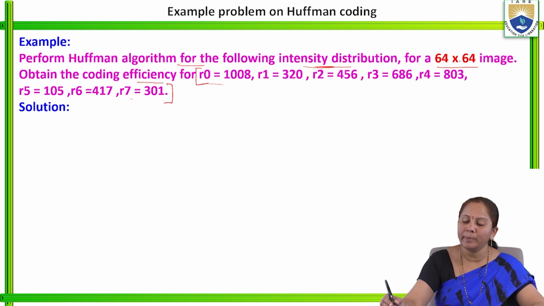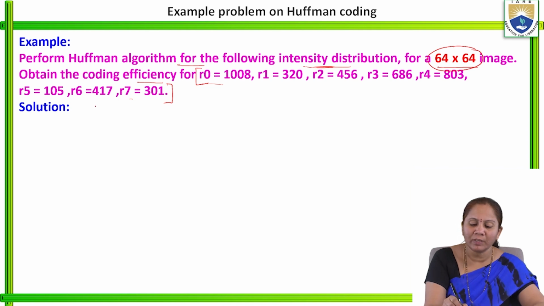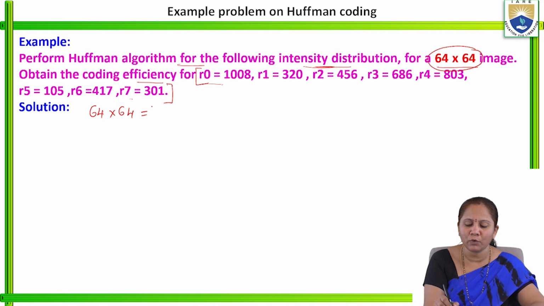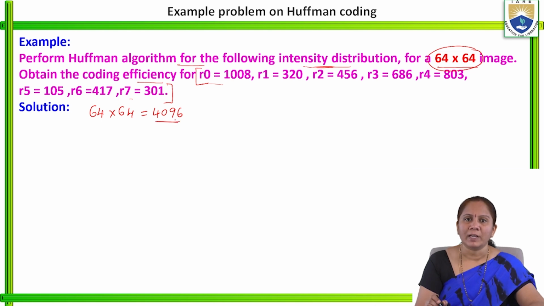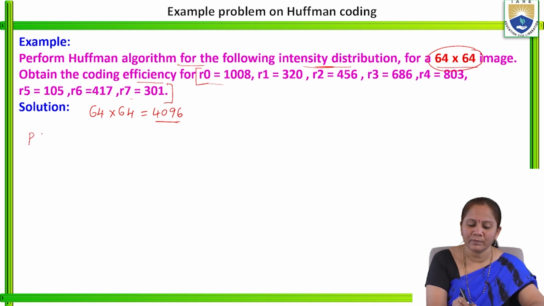To find the probability, first we have to consider the size of the image. The size of the image is given as 64 by 64, which is 4096. We have to use this value to find the probabilities of each symbol. First let us find the probability of R0.